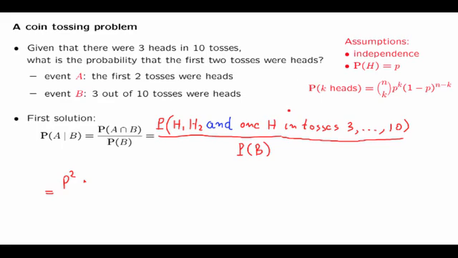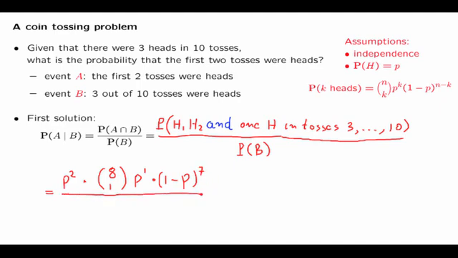The probability of one head in 8 tosses is given by the binomial formula with k equal to 1 and n equal to 8. So this part becomes 8 choose 1, p to the first power, times 1 minus p to the 7th power. So this is the numerator.